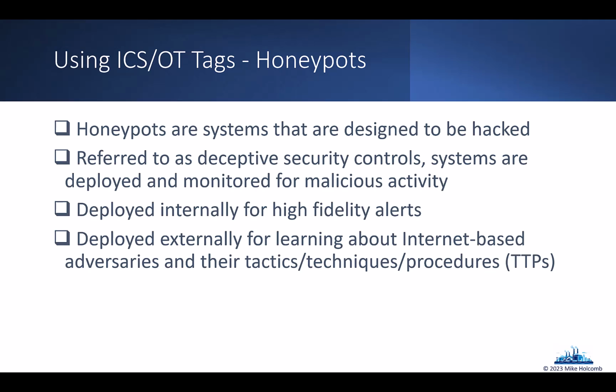Either way, it bears investigating. So if you ever get an alert on a honeypot, jump right on it and go into action. It's that high fidelity, right? It means something is going on in the environment, and more than likely, it's an attack. You don't get that type of fidelity with any other type of security control.